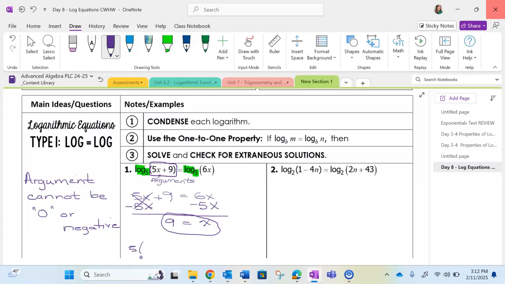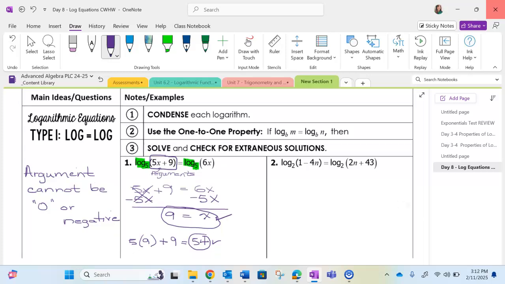So this is 5 times 9 plus 9, which is 45 plus 9, which is 54. It is positive. Good to go. The other one is 6 times 9, which is 54. They should be the same because we have this equal to. So as long as you have proven that it's positive, you can put a check by that. It lets me know you checked it, and your answer is good.